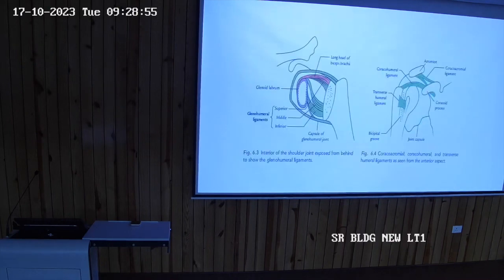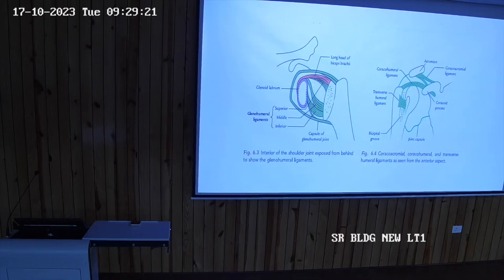All right. So I have talked about the first ligament, and second, look here. This whole is the capsule of the shoulder joint, and anteriorly it is thickened at 3 points. See this diagram.